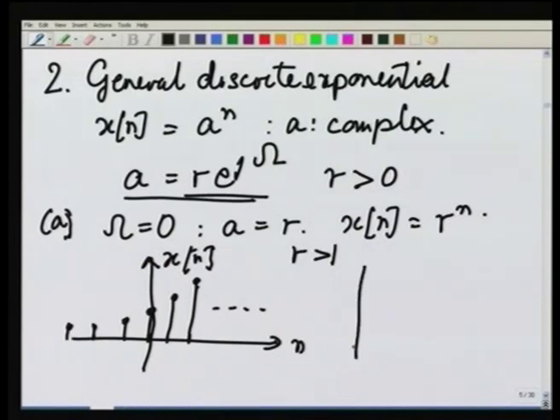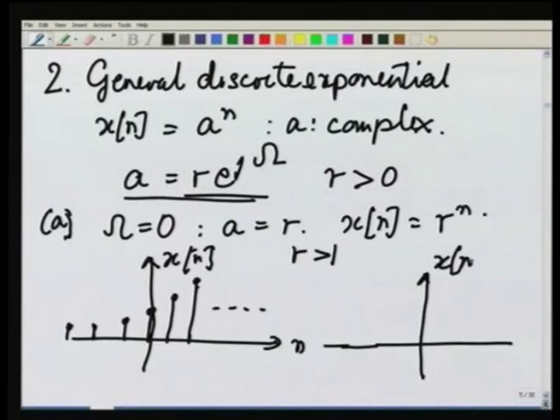For r less than 1, we would start with unity at n equal to 0 as before, but now this sequence would diminish towards increasing n, and increase towards decreasing n, towards negative n.